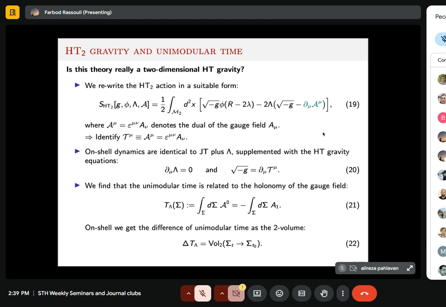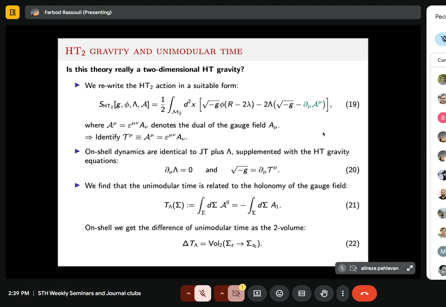And then if you want to solve this and preserve the solution in the asymptotic way, you have to use both diffeomorphism and the gauge symmetry.